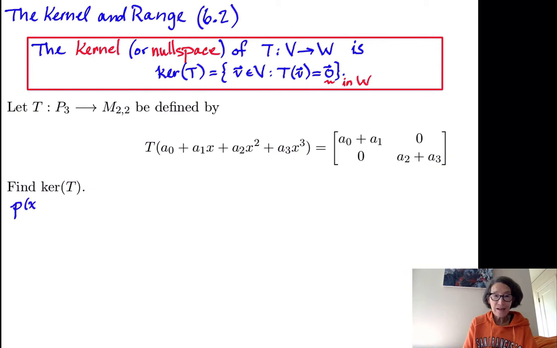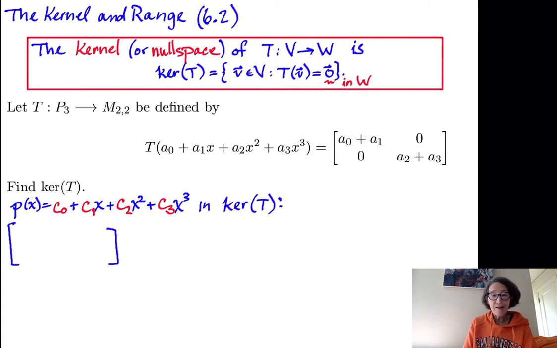So if we take any polynomial, let's say it's c0 plus c1x plus c2x squared plus c3x to the third, and it's in the kernel of T, that means that T of this polynomial, the 2 by 2 matrix c0 plus c1, 0, 0, c2 plus c3, has got to be equal to the 2 by 2 zero matrix.